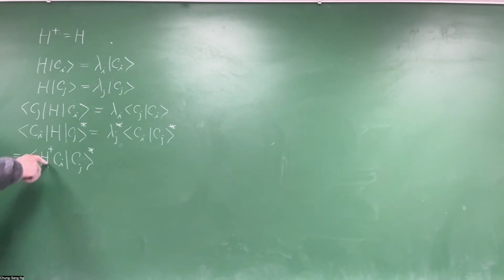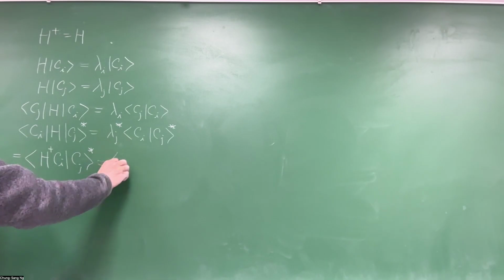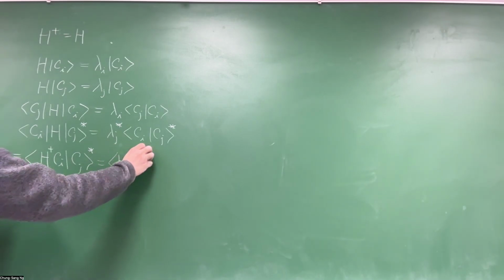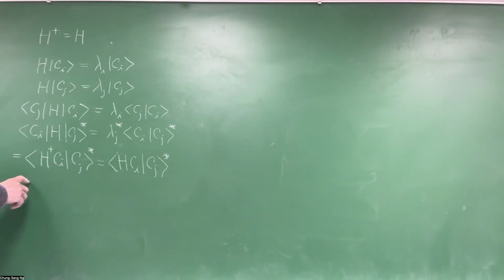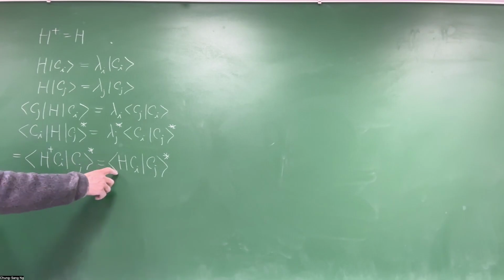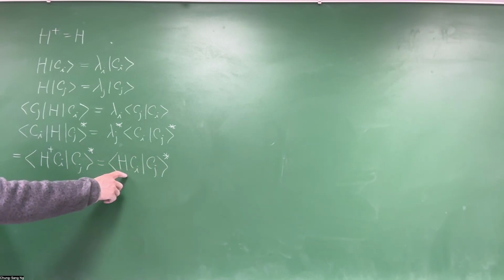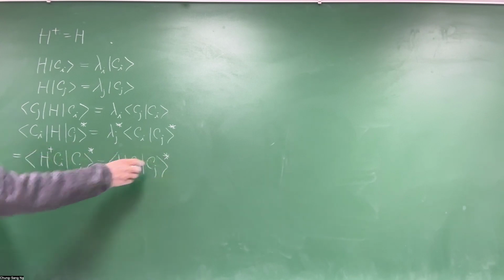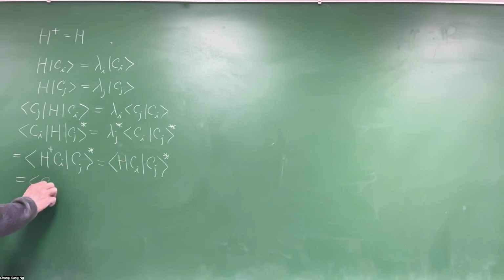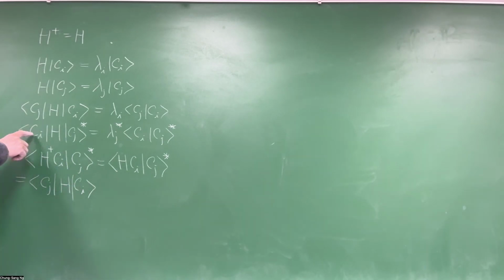And now you use the property that H dagger is just H, right? So that equals H C i, C sub j complex conjugate. And then again, now we use the scalar product, so we can reverse the order and get the complex conjugate out. So get rid of this complex conjugate. It becomes C j H C i. Right. So that's the left-hand side of this one.